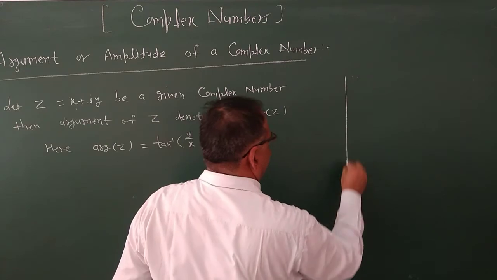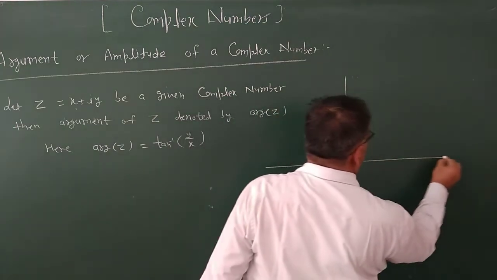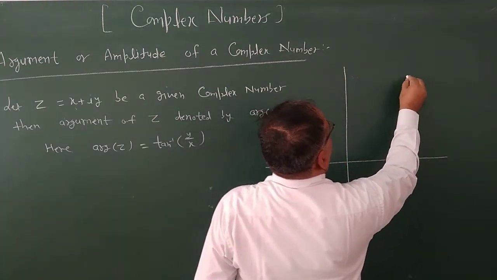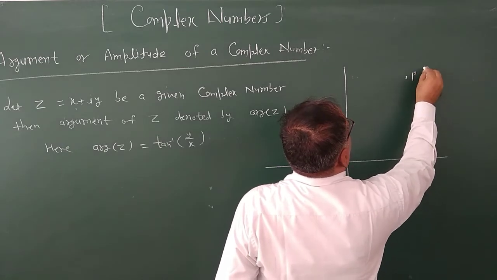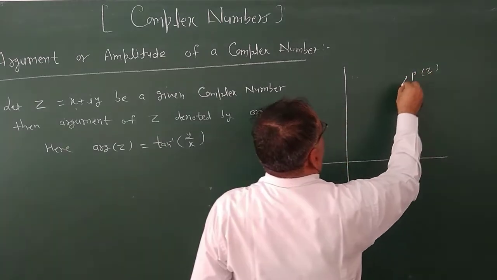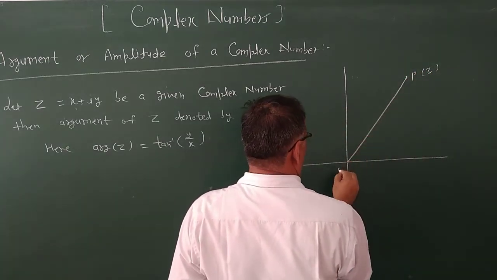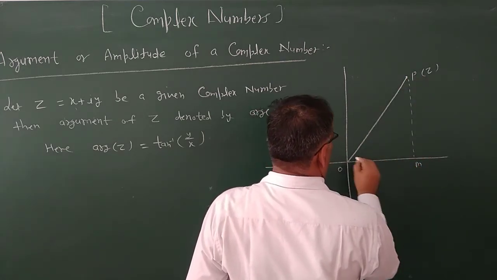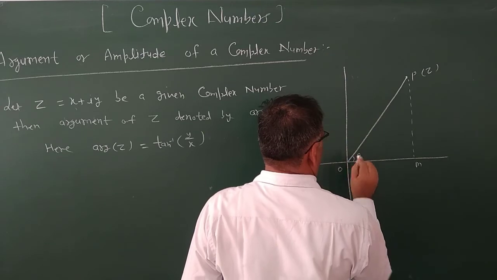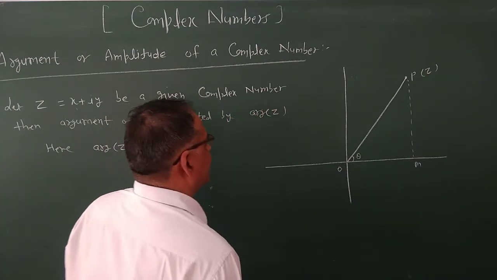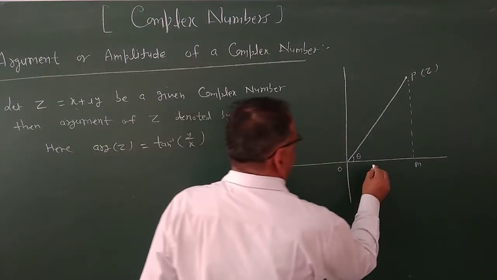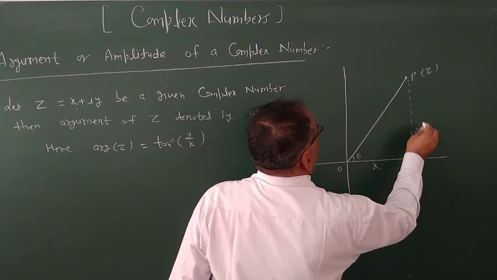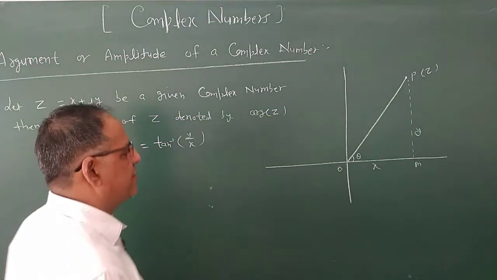Suppose that this is an Argand plane. Here the point P represents the given complex number z, joined to the origin, and draw a perpendicular on the x-axis, and this is the angle theta. So this is x, y, because z represents the complex number x plus iota y.